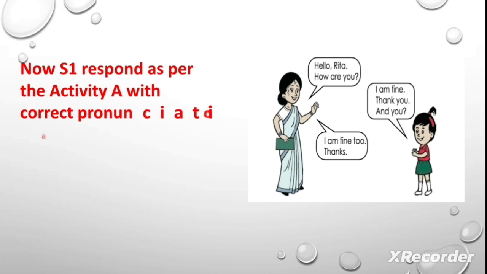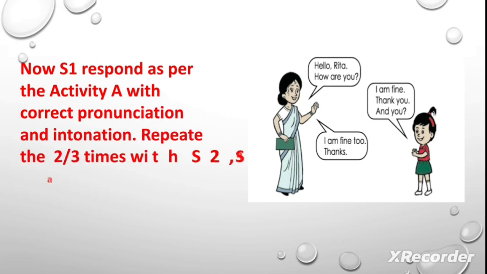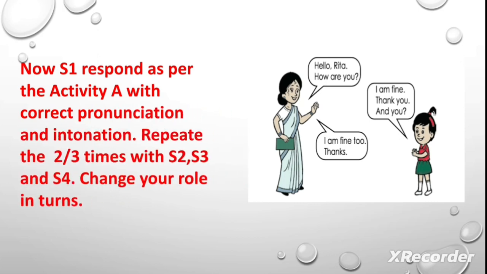Now, Student 1, respond as per Activity A with correct pronunciation and intonation. Repeat it two or three times with Students 2, 3 and 4. Swap your roles in turns. I hope you have been able to understand that quite nicely.